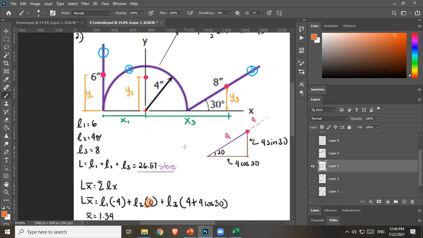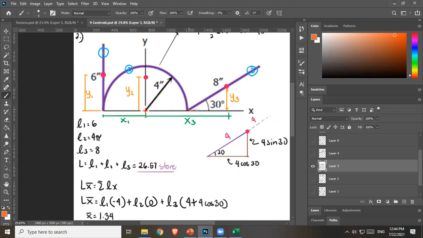And then L3 here. This is the centroid at this portion. So the distance from the y-axis is this length, and that's x3. How do we get x3? Well, first of all, we'll get this length, which we already know to be 4. So that's why here, there's 4.